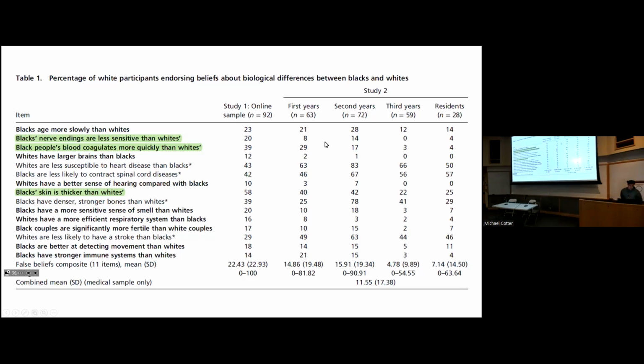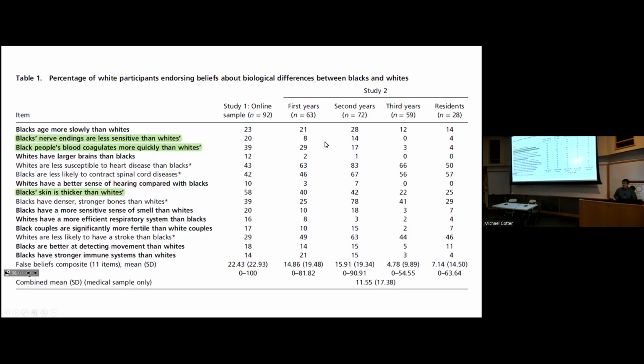And the ones highlighted here, that Black people's nerve endings are less sensitive than whites, Black people's blood coagulates more quickly than whites, and Black skin is thicker than whites, were remarkably associated with racial bias and were things that were believed by these medical students and future physicians and residents as well.